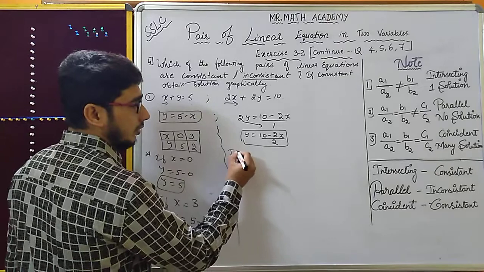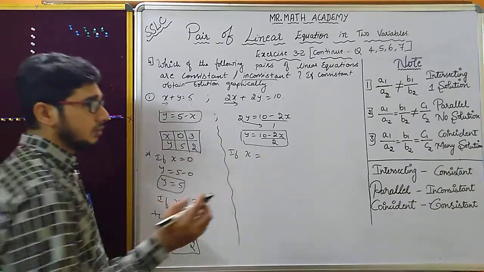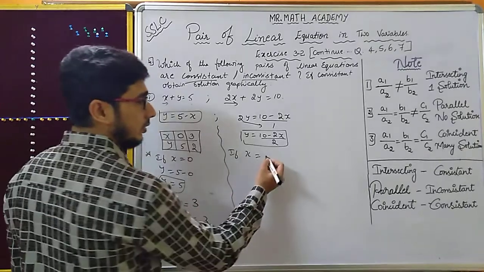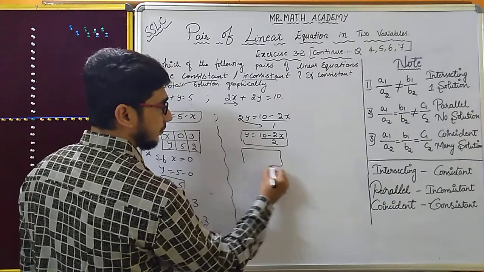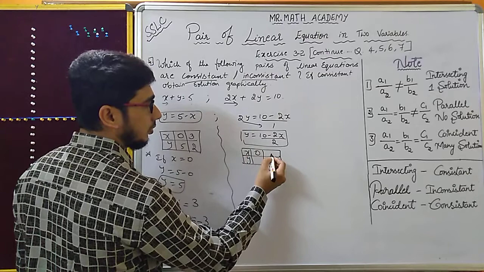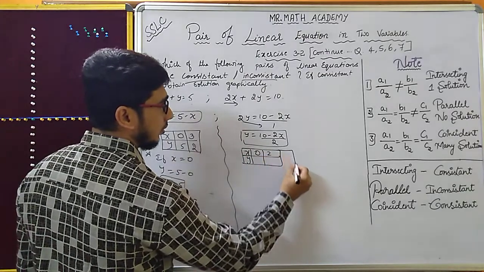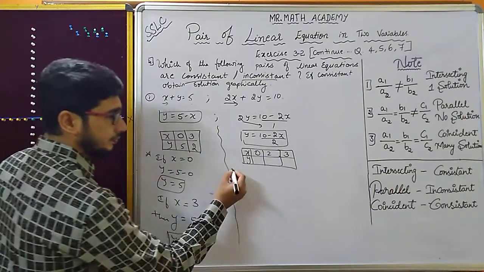Okay, if x is equal to, how much you want to take, you can take. I will take 2 or 0. What shall I take first? I need a box, x, y: 0, 2. I'll take 3 here also. So what will happen?